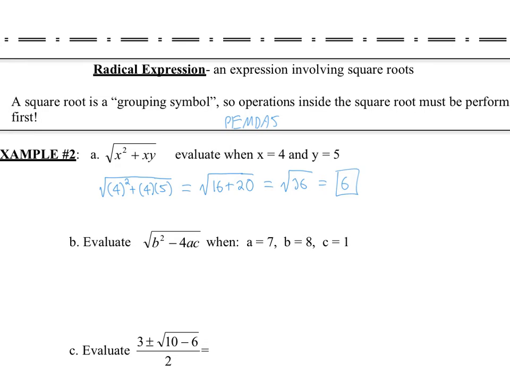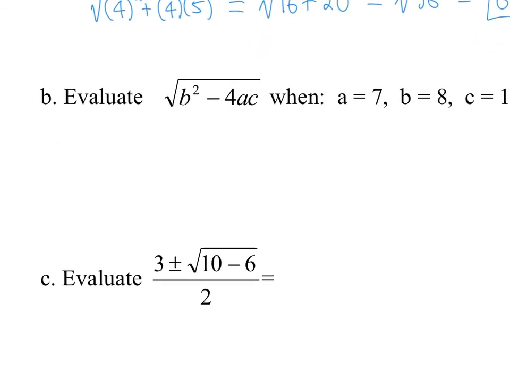All right, why don't you see if you can try example B on your own. We're plugging in a equals 7, b equals 8, and c equals 1. See if you can simplify that on your own. All right, let's go through it. So we have the square root of b squared. b is 8, so we have 8 squared in parentheses, minus 4 times a, which is 7, times c, which is 1.